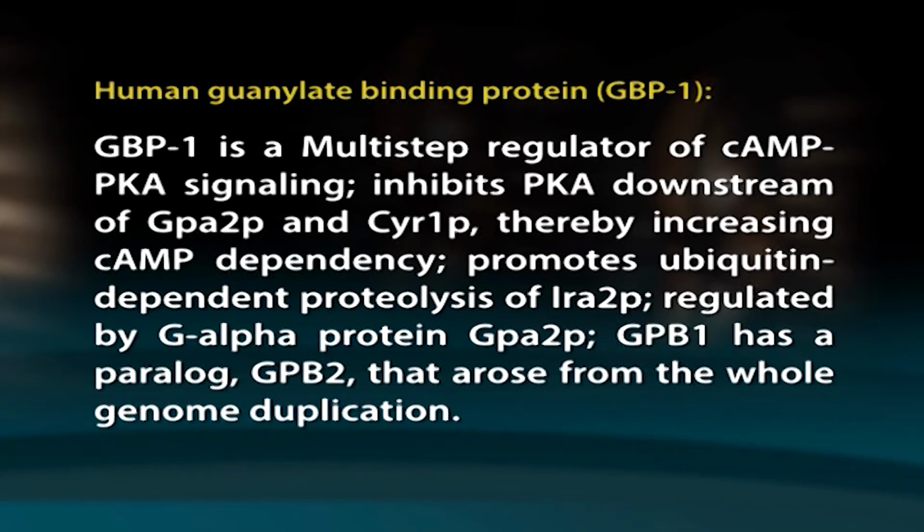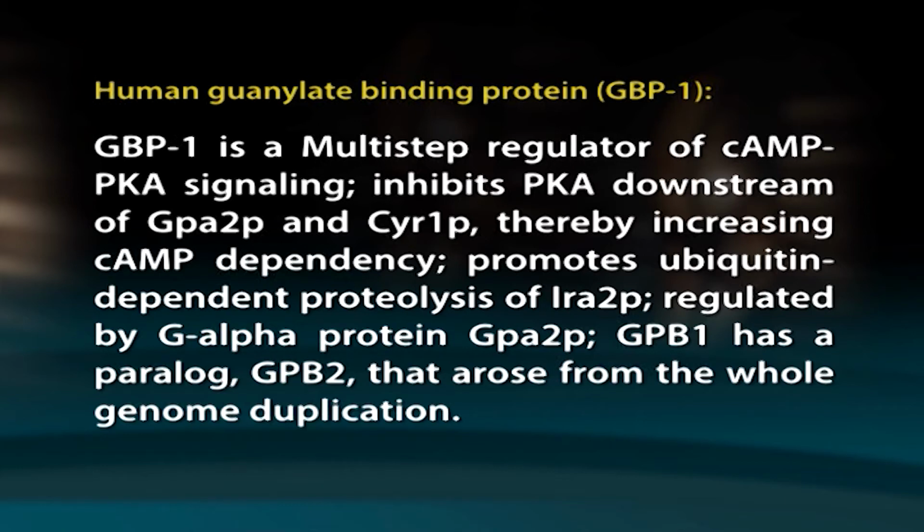GBP1 is a multi-step regulator of cAMP-PKA signaling, inhibits PKA downstream of GPA2P and CYR1P, thereby increasing cAMP dependency, and promotes ubiquitin dependent proteolysis of IRA2P regulated by G alpha protein GPA2P.